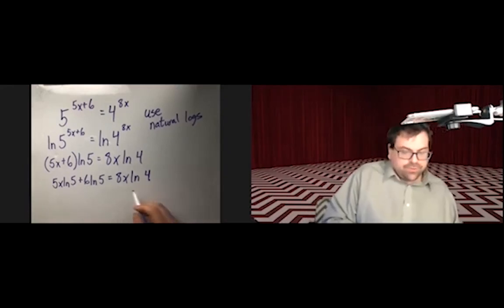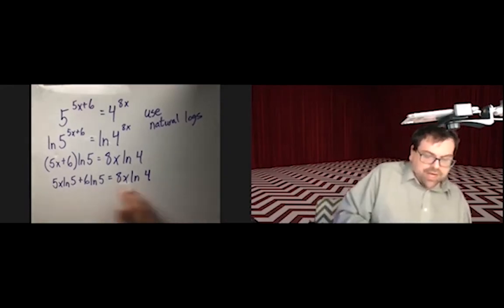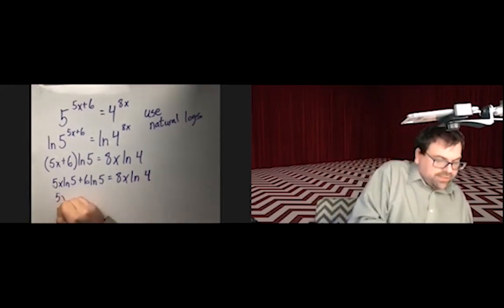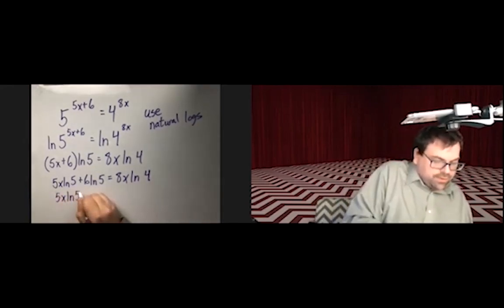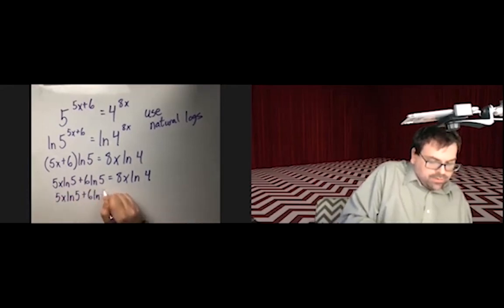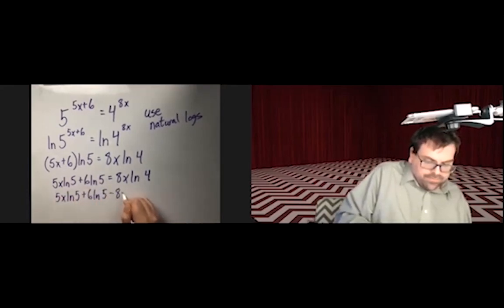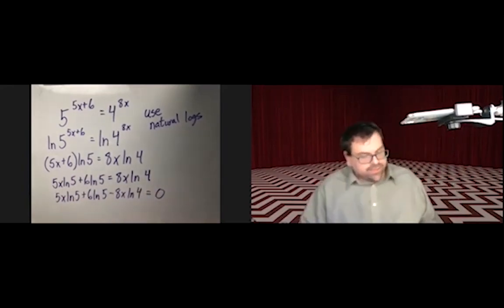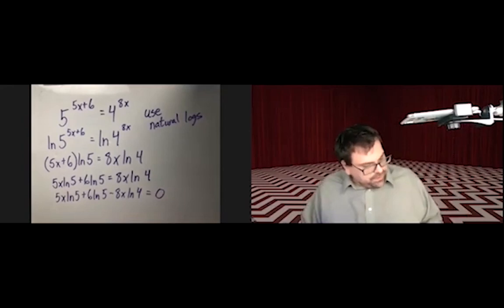I'm going to subtract 8x natural log of 4 from both sides. That got everything on the left. I'm going to keep the 5x natural log of 5. I'm going to keep the minus 8x natural log of 4.